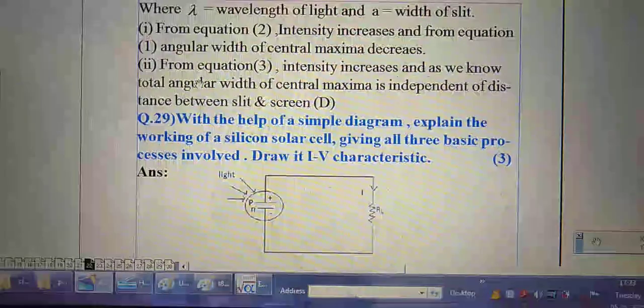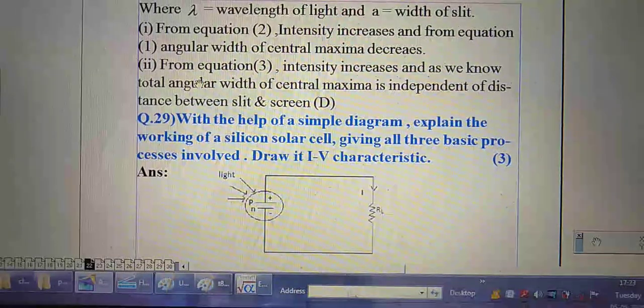From equation 3, intensity is inversely proportional to the distance between slit and screen, so as you decrease the distance, intensity will increase. On the other hand, the width of the central maxima is independent of the distance between slit and screen, so there is no change in the angular width of the central maxima.